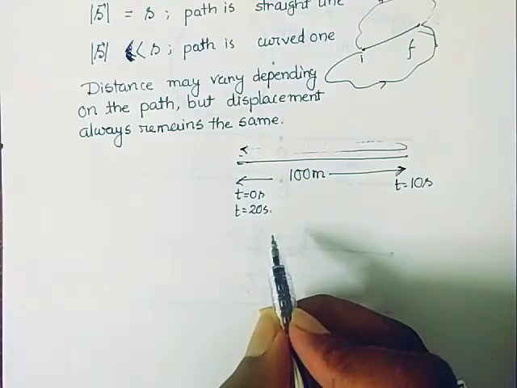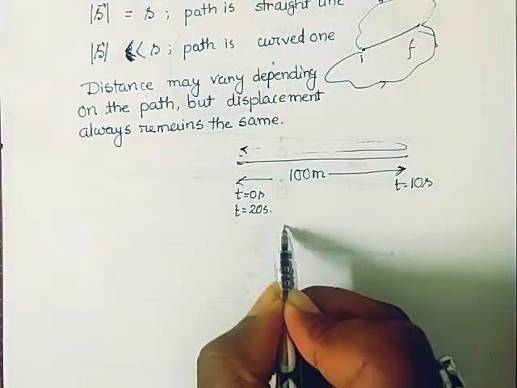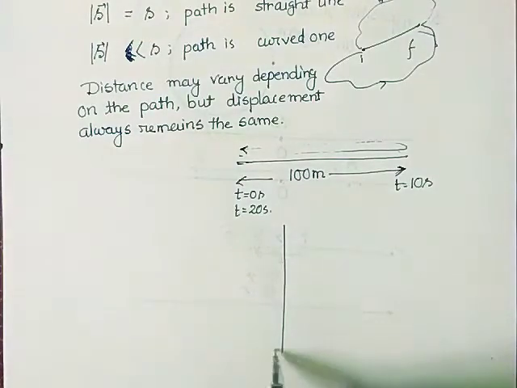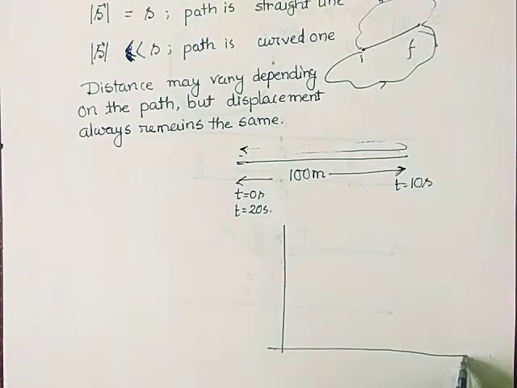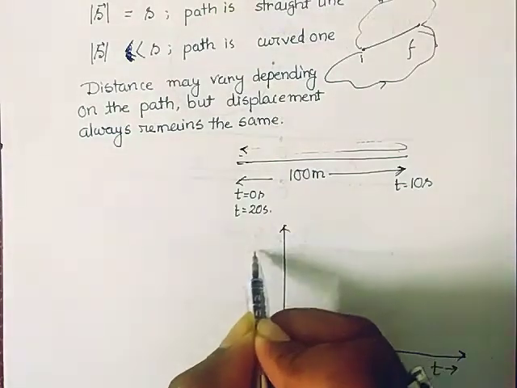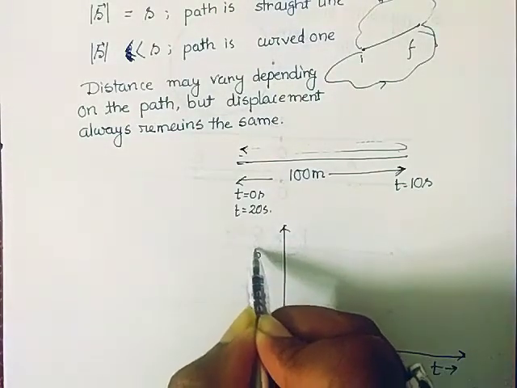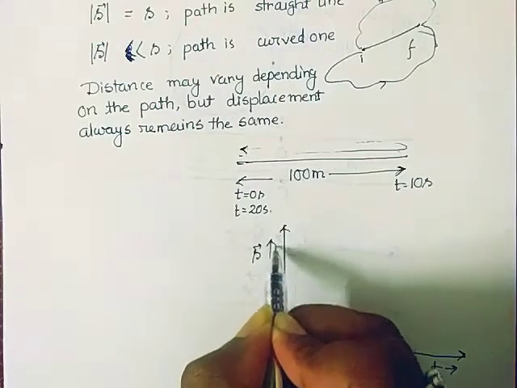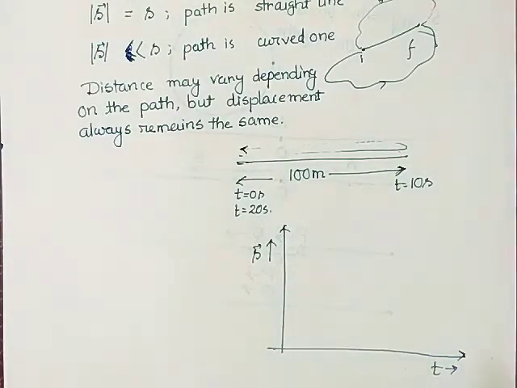So if I want to draw the x versus t curve, this is the time and this is the displacement versus time curve.